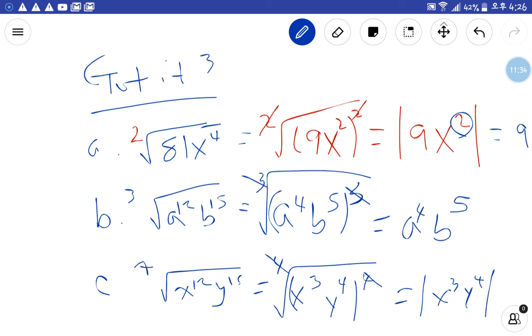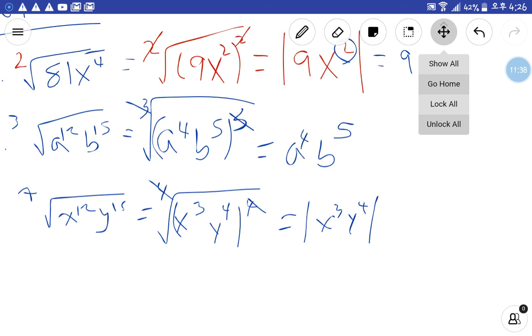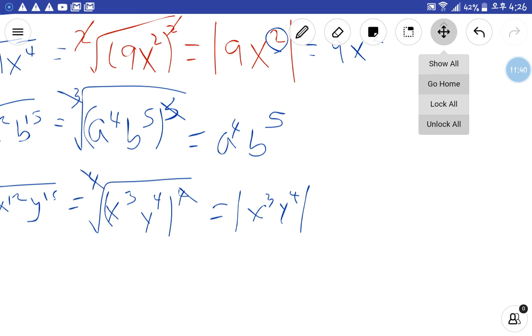Now think about when we can get rid of the absolute value sign. What did I say? Whenever you have an even power, you don't need to put any absolute value around it, which means that if you have an odd power, you have to have absolute value around it because that number can be negative.